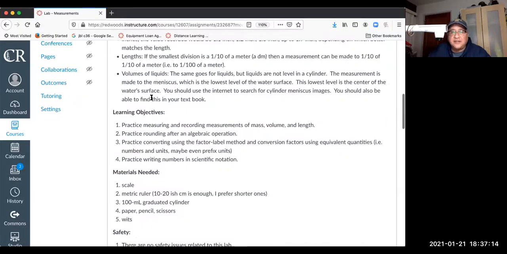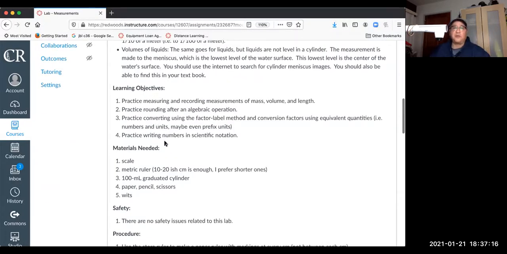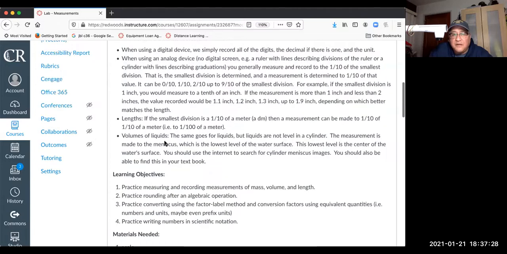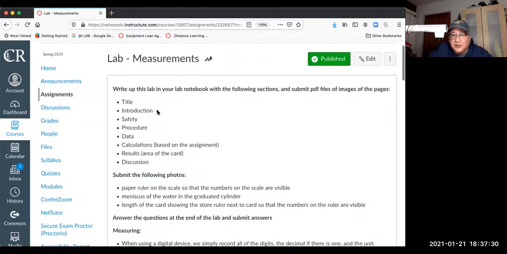Our learning objectives for this lab are to practice measuring, practice using numbers in algebra, practice converting numbers, and practice scientific notation. At this point, it's probably relevant to talk about what you should have in your introduction. In your introduction, you should talk about what the lab is about. Clearly, this lab is about measuring things correctly.